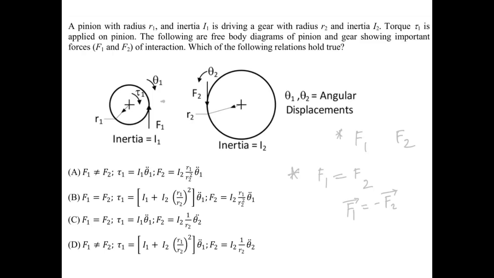Coming back to the options, since GATE is an objective examination, we can rule out two of these options in the first guess itself.